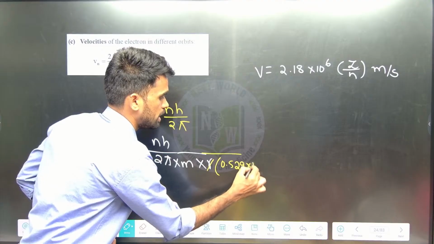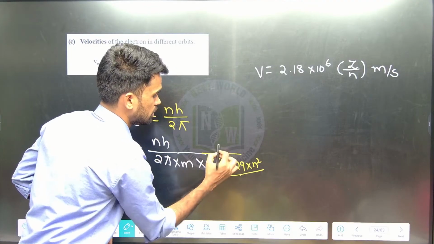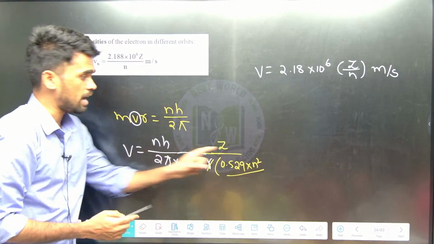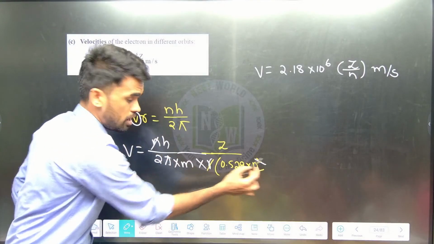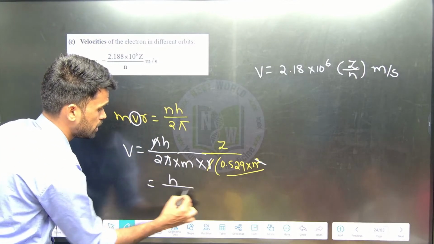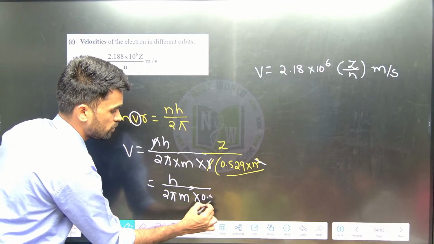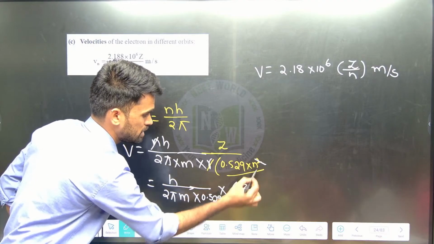The Z goes in the numerator, and n here and n here cancel out. Now what we have is h by 2 pi m into 0.529, multiplied with Z divided by n.